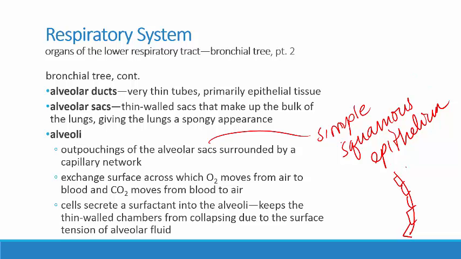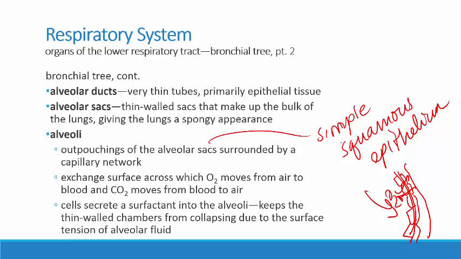And it is surrounded by a capillary network, and the capillary network shares that basement membrane with the lung, the alveolus, and it is also lined by a layer of simple squamous epithelium, so that when air comes into the alveolus, the O2 will move into the blood, and when air is breathed out again, it takes away the carbon dioxide that we've put back into the air.